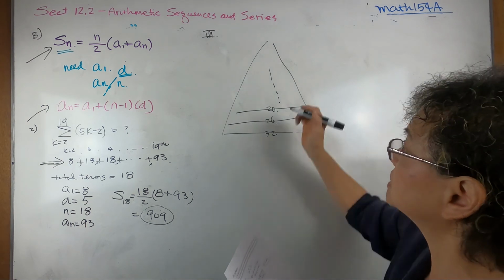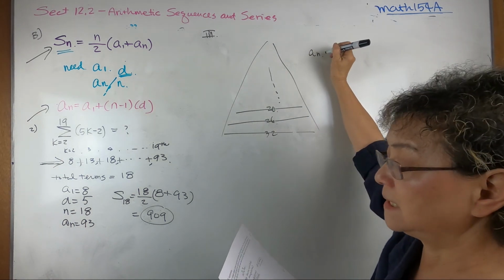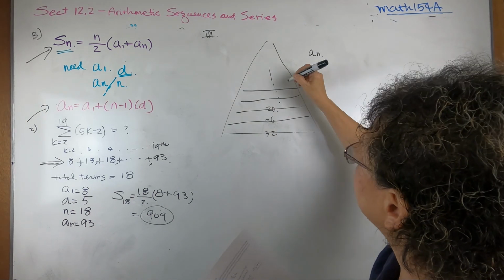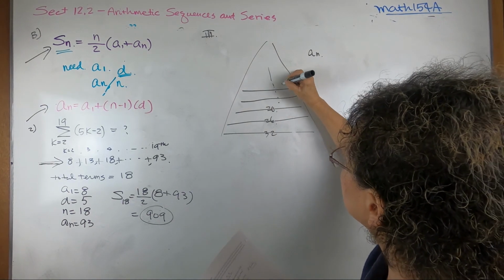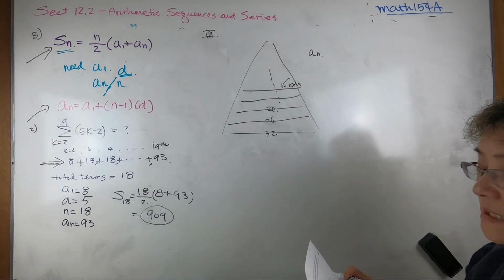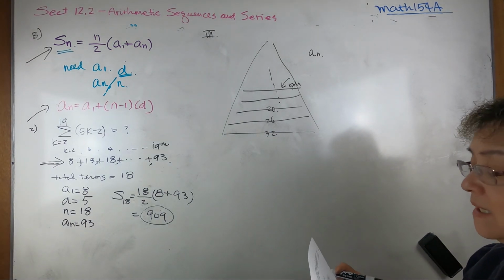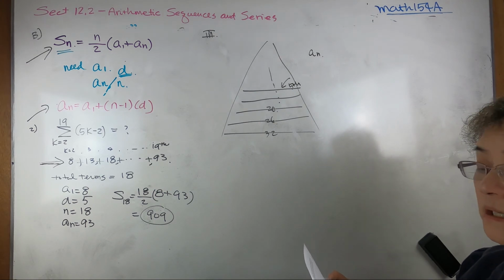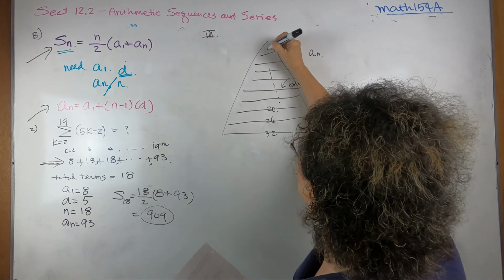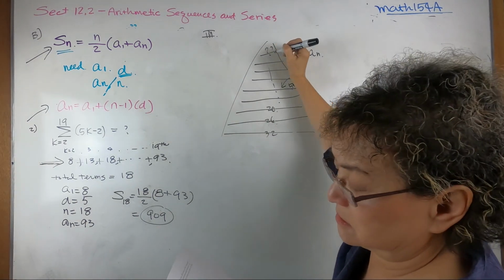Find the general term, AN, and the number of cans in the fifth row. Find out how many cans there are in the display and how many cans are in the top row. If you do that, then what's on the top row?